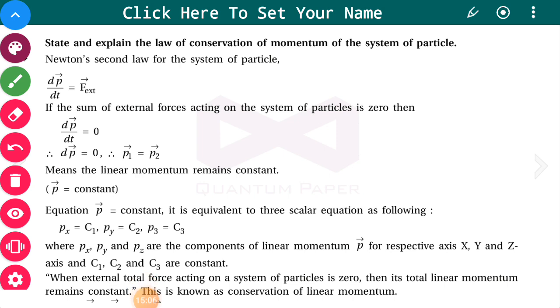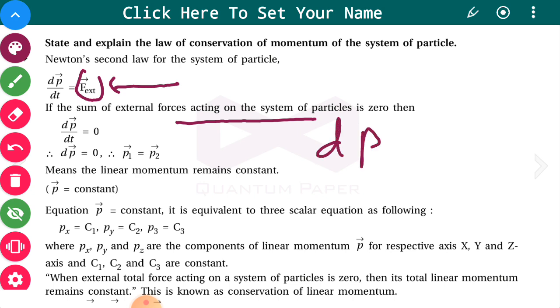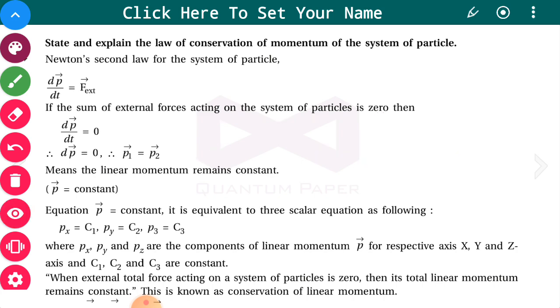Now we shall discuss the law of conservation of momentum for the system of particles. Now see, this dp by dt is equal to F external, because only external forces play the role. If the sum of external forces on the particles is 0, then F is 0, then dp by dt is 0. So dp, that is the change in momentum, is 0, and when change in momentum is 0, it means that initial and final momenta are the same.